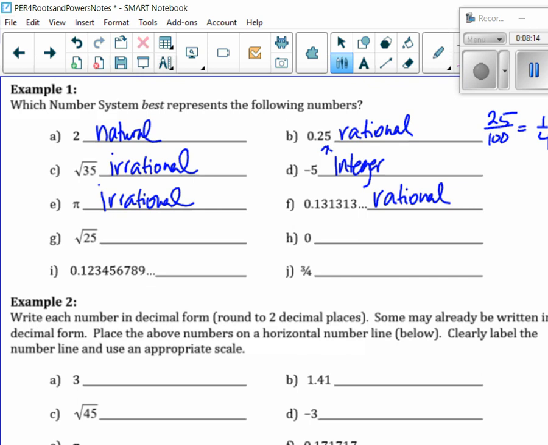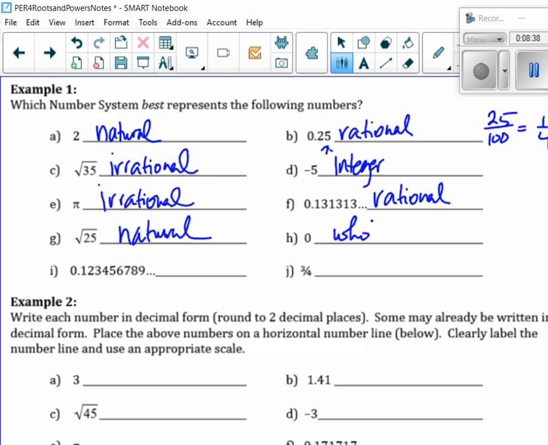How about G? Well, what is the square root of 25? 5. So what's the best description for 5? Natural, yeah. Okay, what about 0?